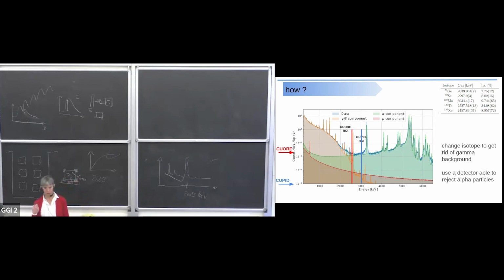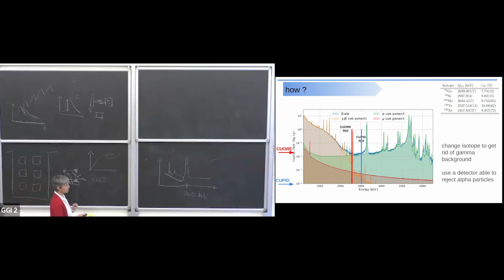Here you have betas coming from thallium and bismuth 214, and a few gammas only from bismuth, but with very, very low branching ratios.